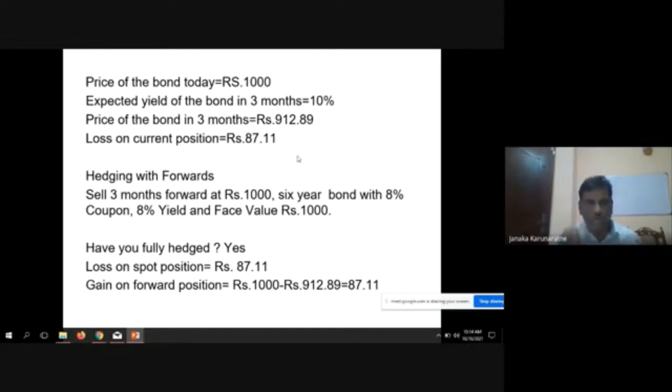To mitigate that, I sold a 3 months forward, short, at 1,000 rupees. Same bond, 6-year bond with 8% coupon, 8% yield, and a face value. This is a perfect scenario I am discussing to explain the theory.